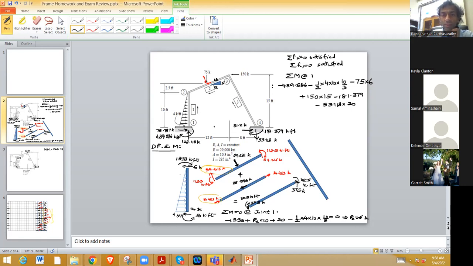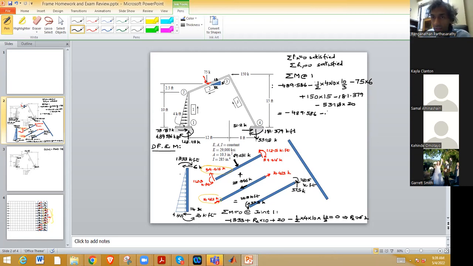Seems fine. So let's write all of them. So that is negative 489.586. And then this one is 20 times 10 by 3, 66.67.